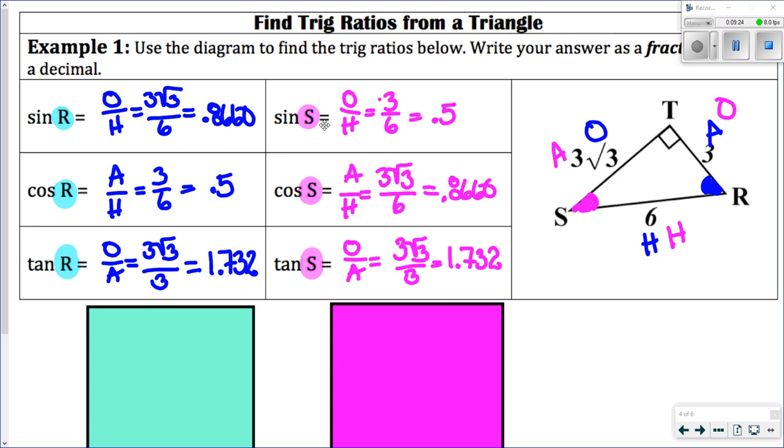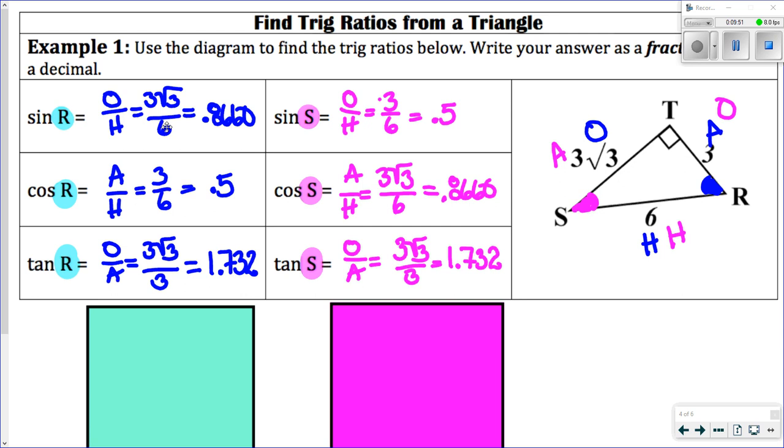So again, this is how the triangle works with the ratios. If you do one angle, there's always a connection. If you do one angle, then the opposite of that will show up. So sine R gives you the complement of sine S. S and R are complements of each other.